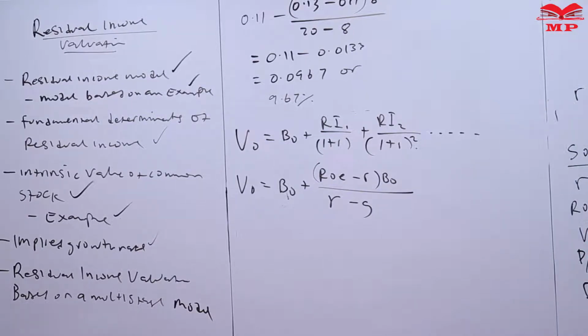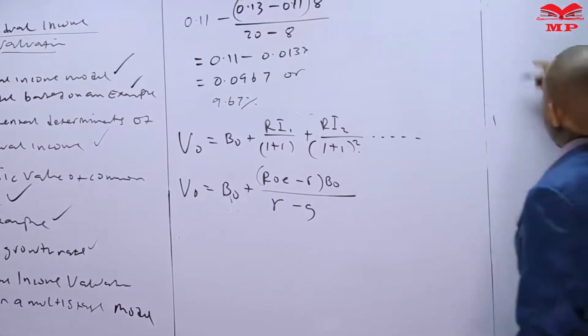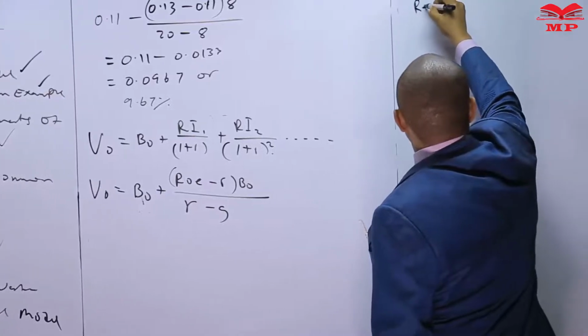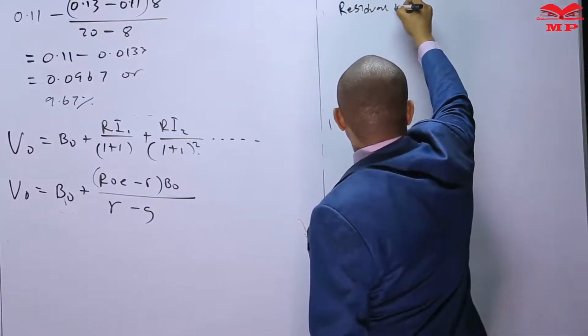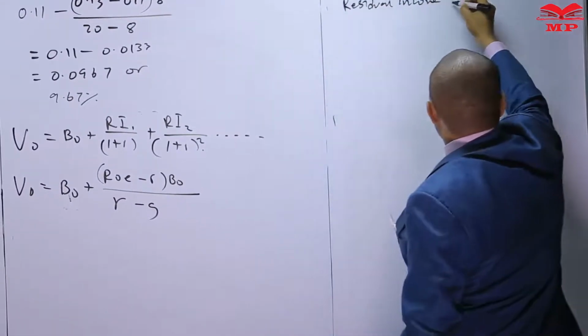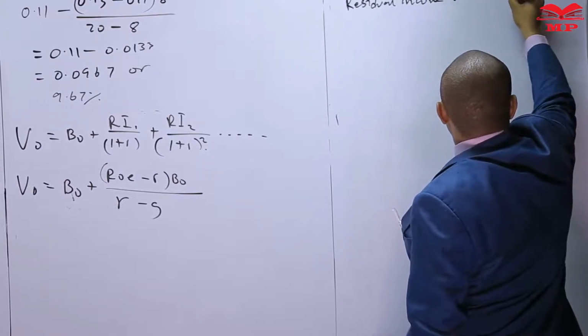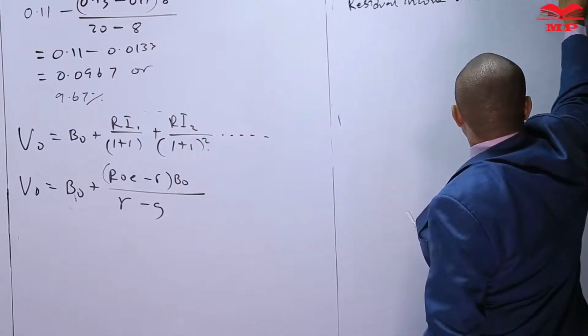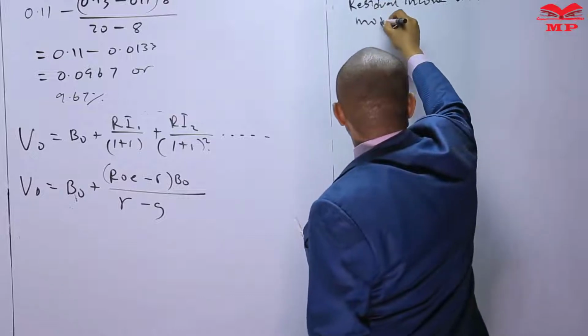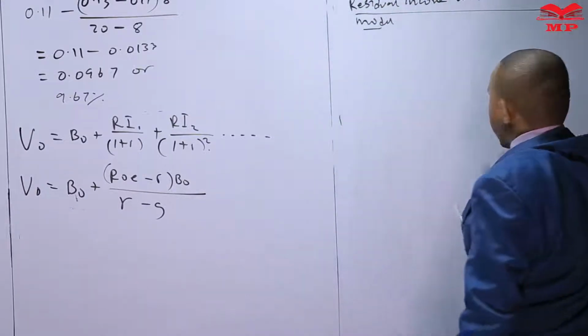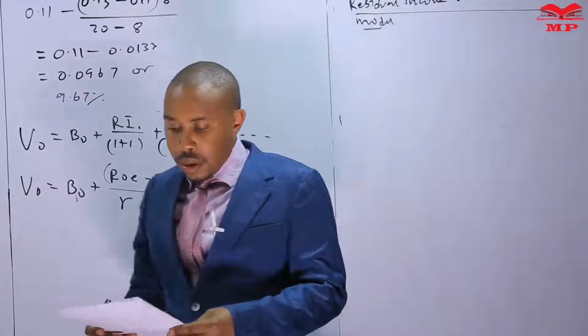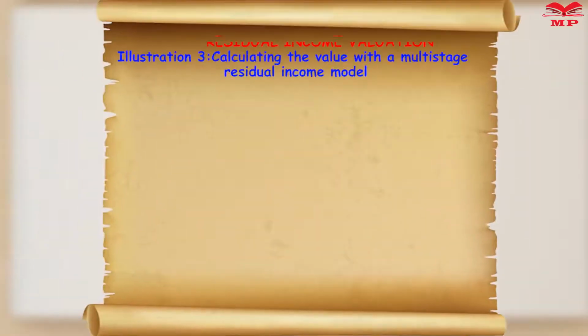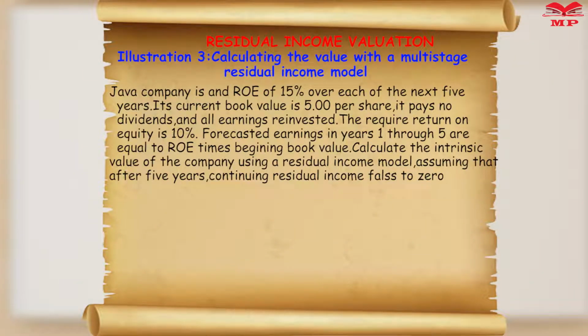Residual income with multi-stage model. So let's look at an example. Java company is expecting an ROE of 15% over each of the next 5 years. Its current book value is 5 per share.